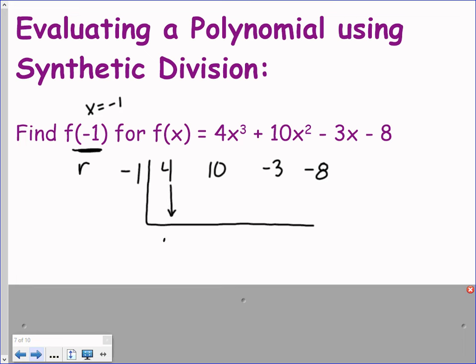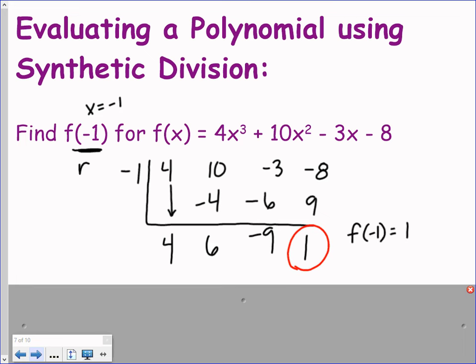Add down, multiply, repeat. The number at the end is the value of your function. So we could say f of negative 1 is equal to 1. That also tells us, if we extend that, the point negative 1, 1 is on the graph.